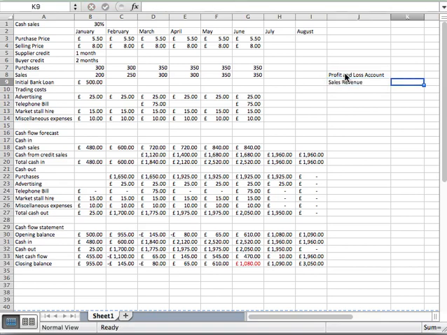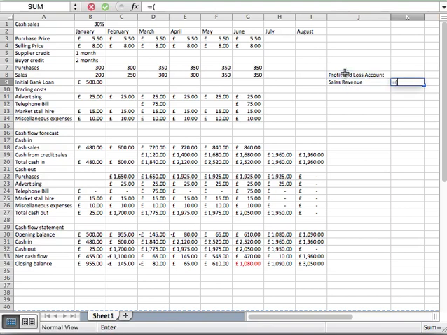So this is the total sales revenue for sales in the period we're interested in. So the easiest way of doing this is actually to look at the sales volume and multiply it by the selling price. That's easy in this case because the selling price hasn't changed. If the selling price changes, then we look at the sales volume in each month multiplied by the selling price in each month.